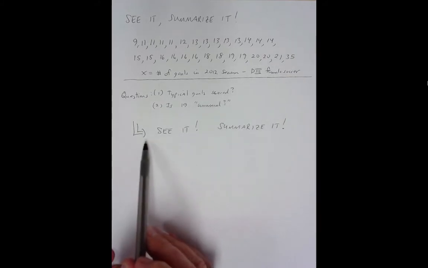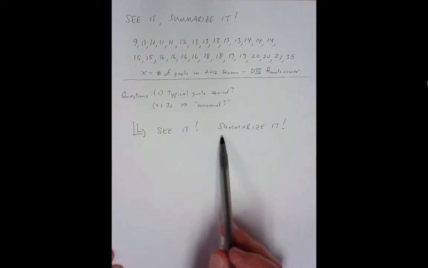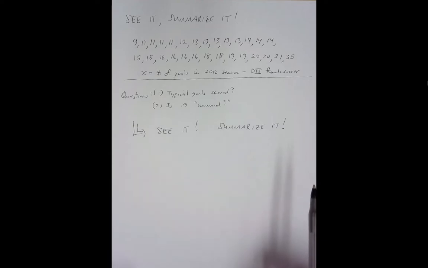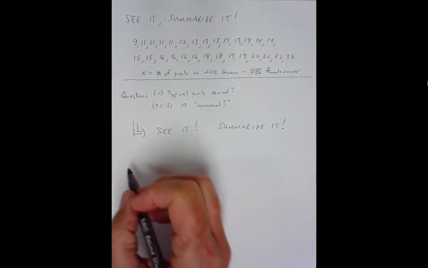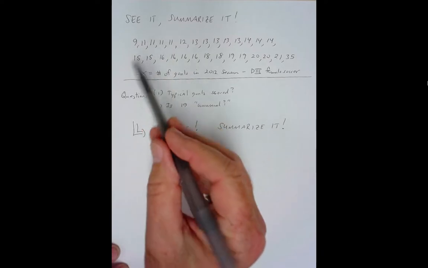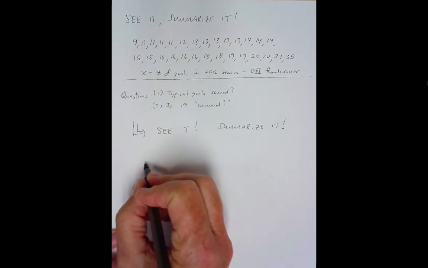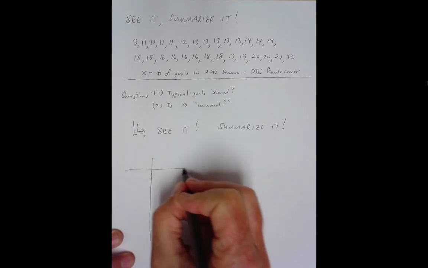So anyway, I'm going to take you through ways that we can see this data and end up summarizing it. The very first thing I would want to do is start looking at some patterns. So I would probably start trying to organize this in what we call a frequency distribution. What I would want to do is create some bins.